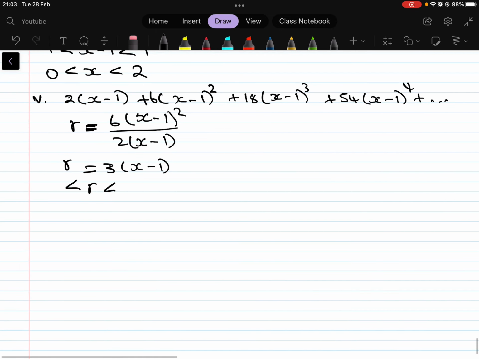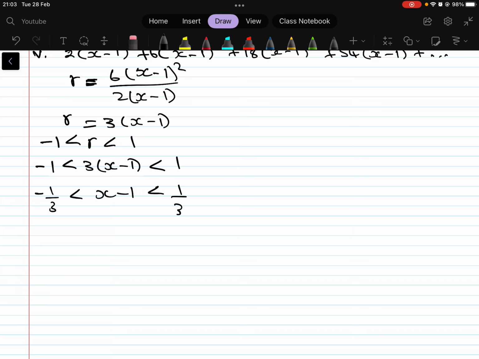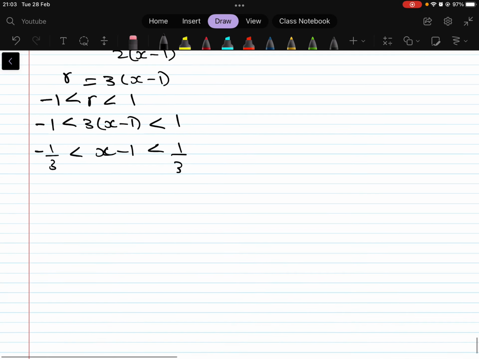Remember, you are still looking at the series converging, so r must still be between -1 and 1. Since r is 3 times x minus 1, now you just need to divide throughout by 3. It's -1 over 3 to 1 over 3, and in the middle you are left with x minus 1.